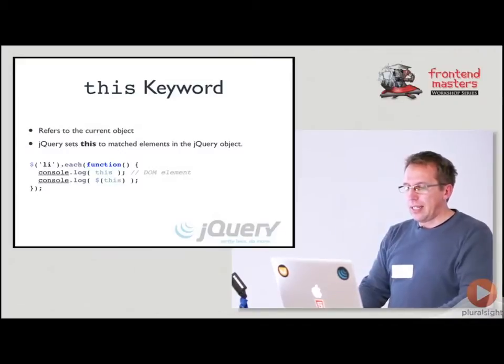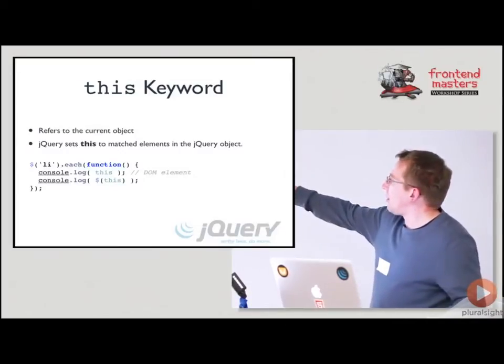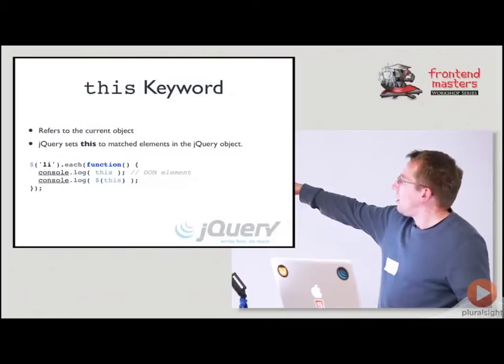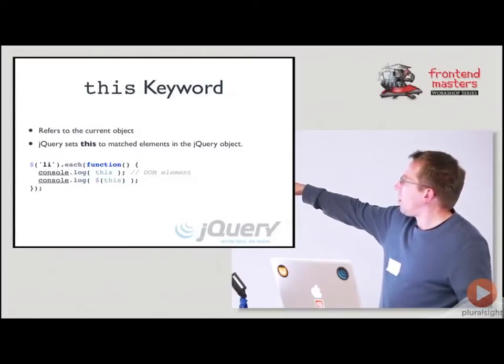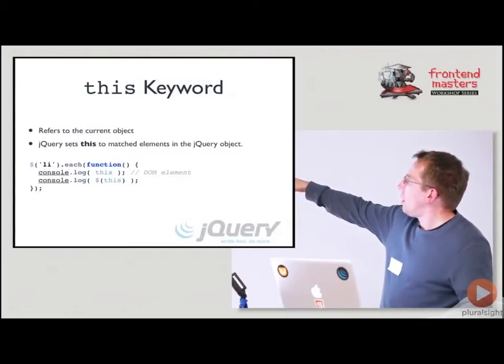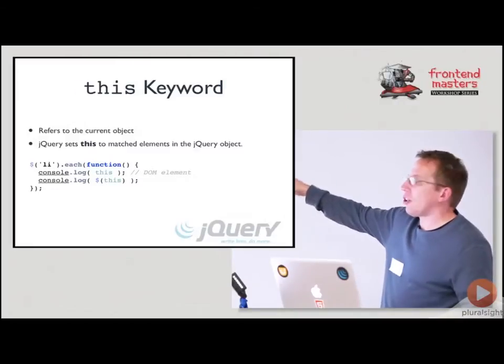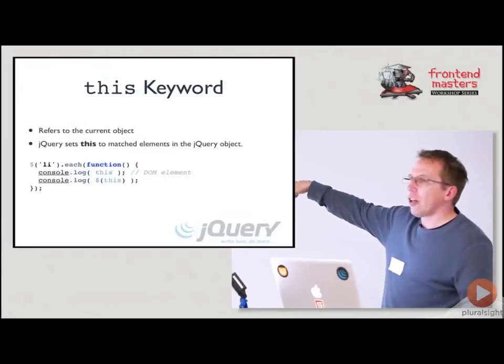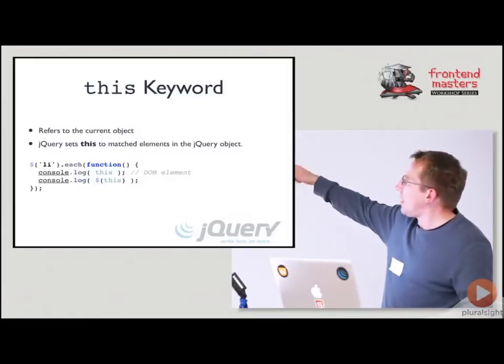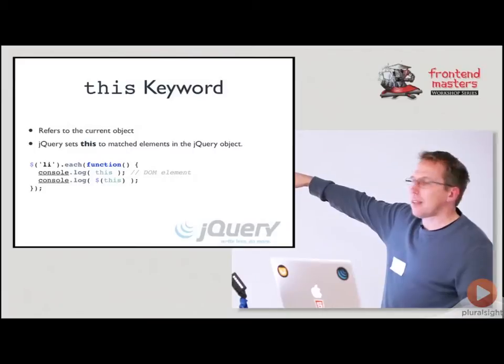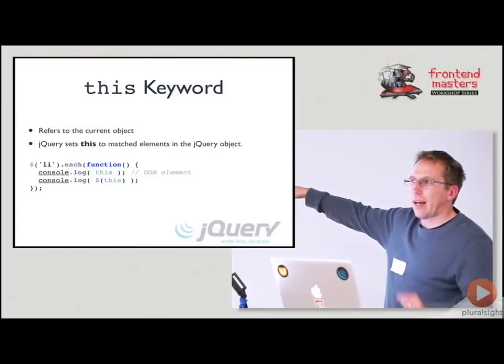So in here, inside this each, jQuery will call the function within the context of the particular li. Okay? So if we loop through each li, this, just the bare this, will be that DOM element, that li.